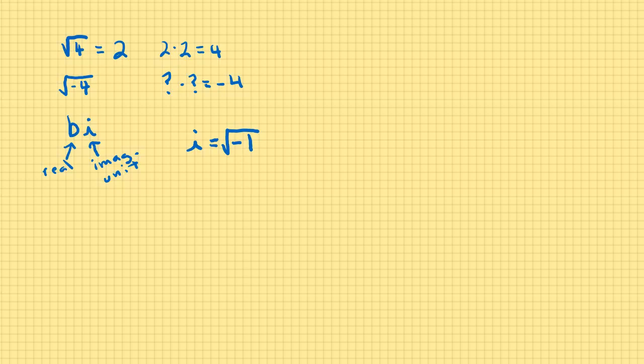So when we look at something like the square root of negative 4, which I'll write again over here, okay, even though there is no real number answer, there is an imaginary answer. So let's break this apart. The square root of negative 4 can be broken apart as the square root of 4 times the square root of negative 1.